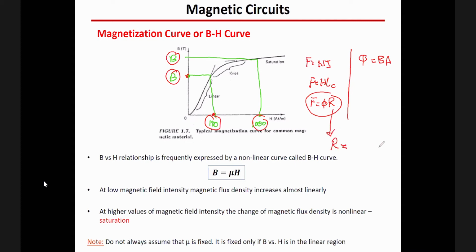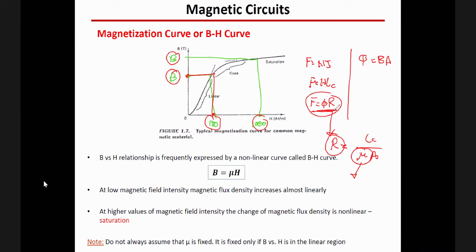It is Lc over mu A. And we just mentioned that mu is not constant. So to use this, you need to find the mu at the certain operating point that you are dealing with. And after that, you find what is the corresponding reluctance for that mu. And after that, you use it for this equation.